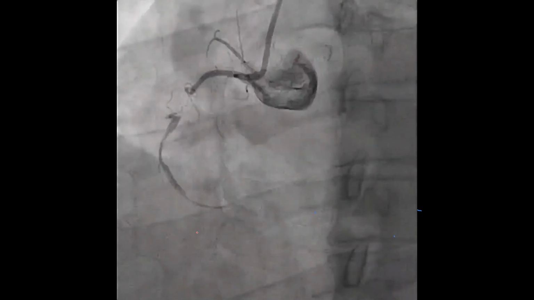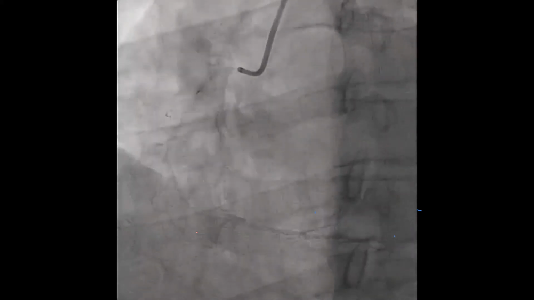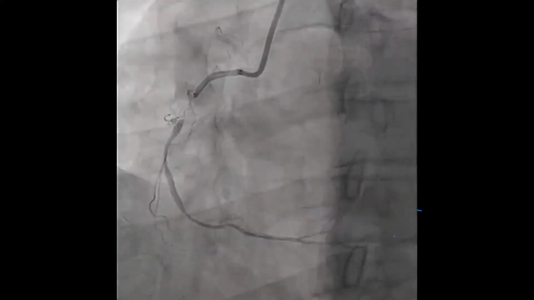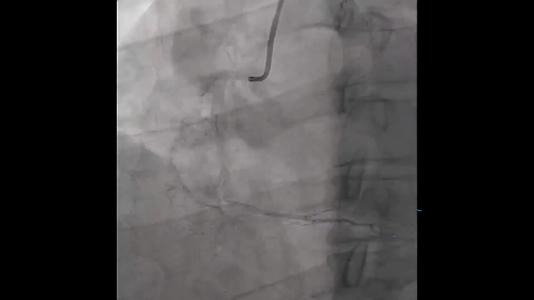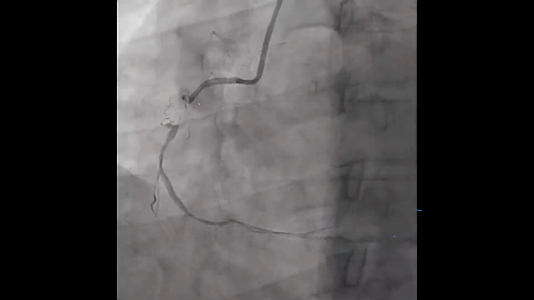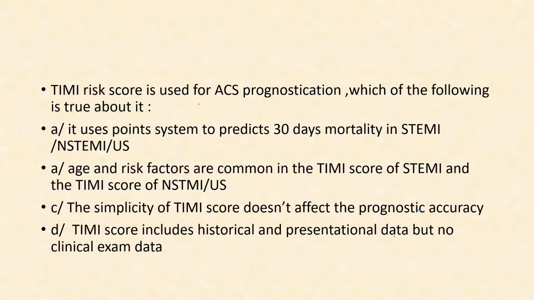The presence of the bridging collateral. Chronic. Exactly. Collaterals imply chronicity of the stenosis. And like you see here, these are jump collaterals from the proximal to distal, because the occlusion was chronic.